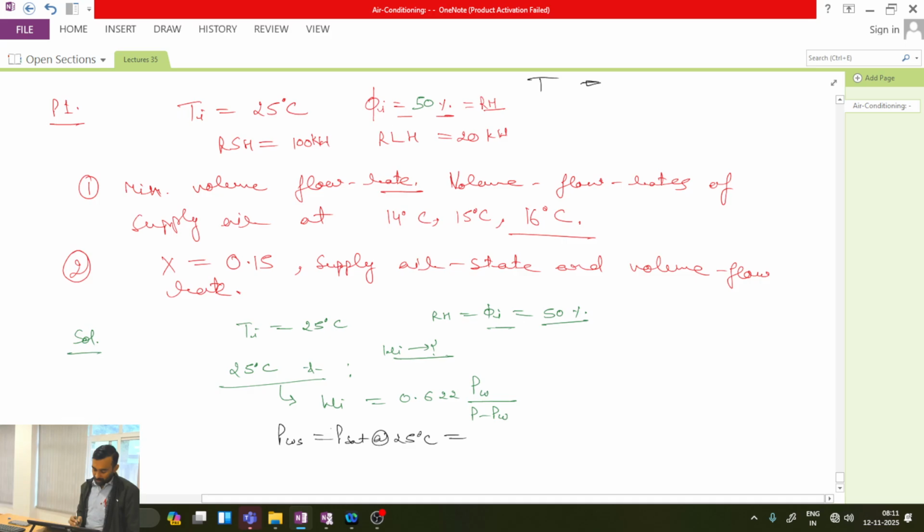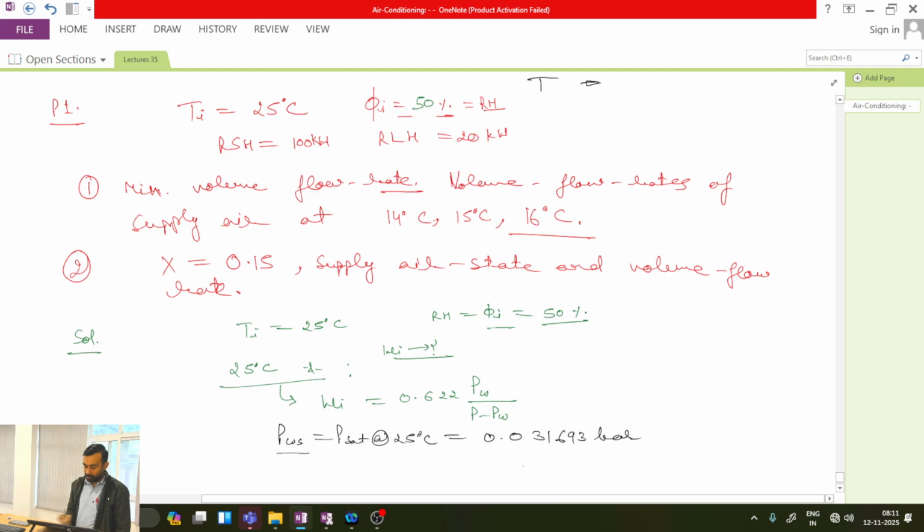Because I am trying to find the saturation pressure of the water vapor, the saturation pressure is equal to P sat at the given temperature, so at 25 degrees Celsius. If you take this value from the steam table, it comes out to be 0.031693 bar.